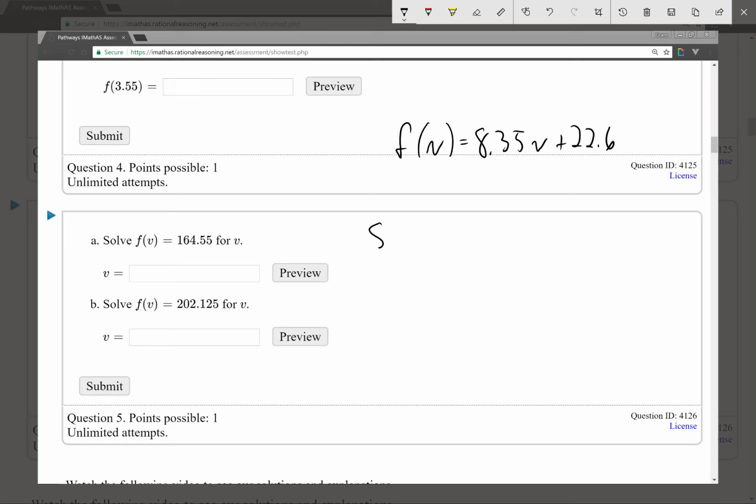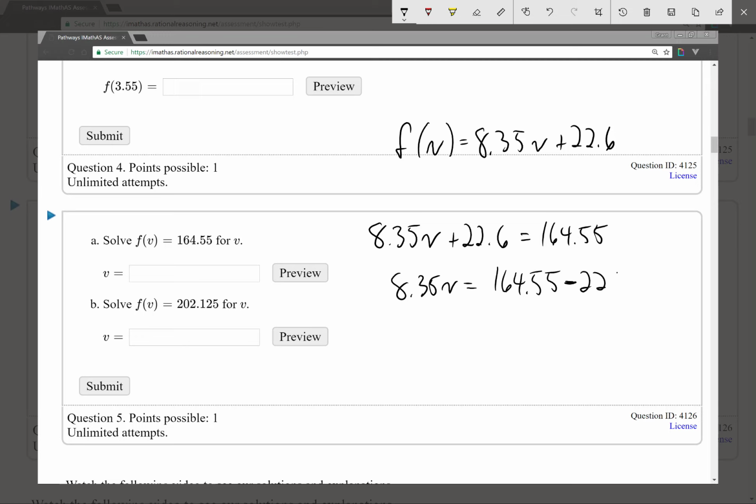Now if we do this, we know that we have to set up 8.35 times v plus 22.6 is equal to 164.55. Now first step is to subtract 22.6. So 8.35 v is equal to 164.55 minus 22.6.